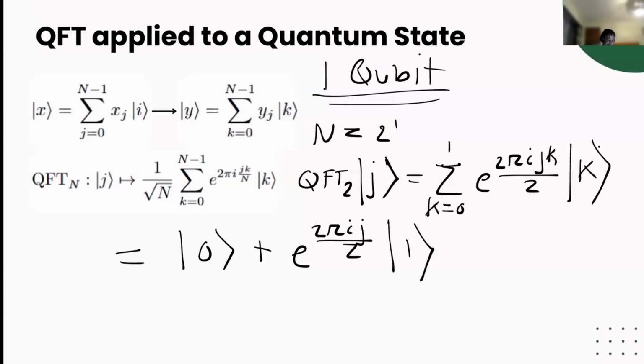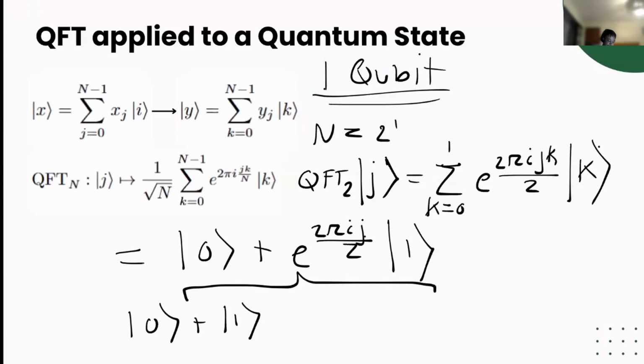Now, j can have the values of 0 or 1, right? So when j is equal to 0, this means when we start in the 0 state and we apply this quantum Fourier transform, we're going to get 0 plus 1, since j equals 0, so this value will go down to 1. So we can write this as applying QFT to the 0 state, and we get this value.